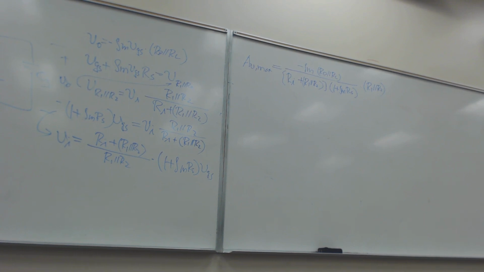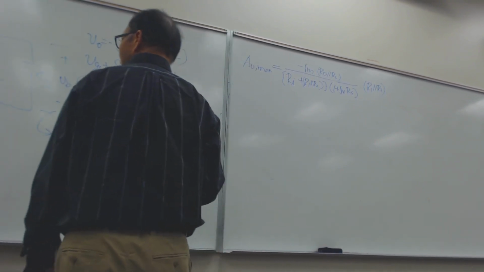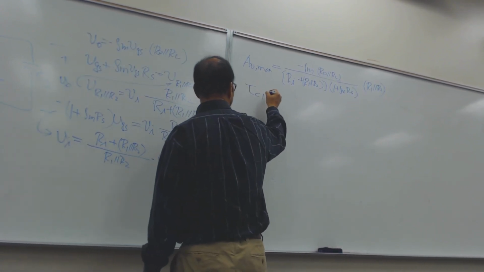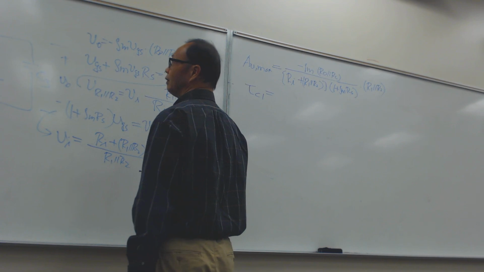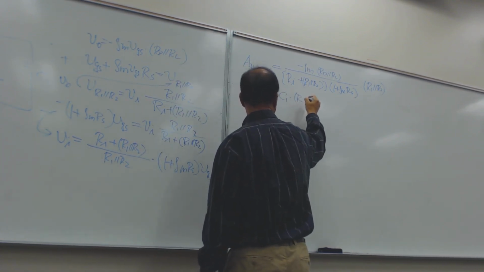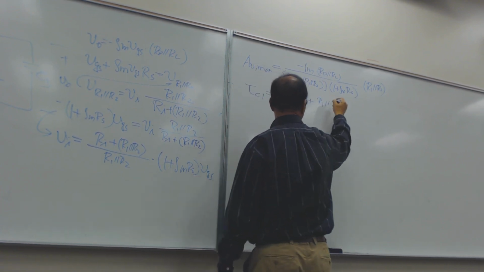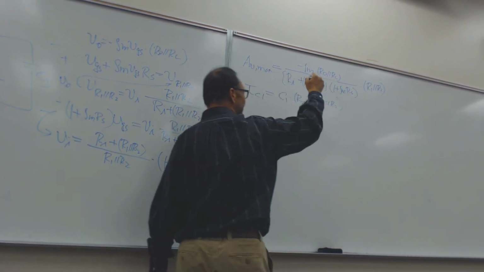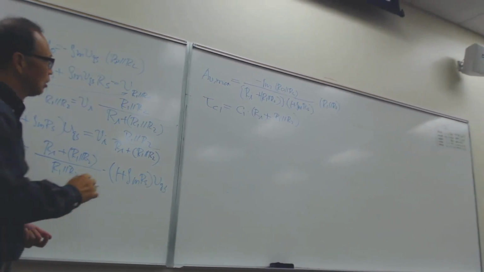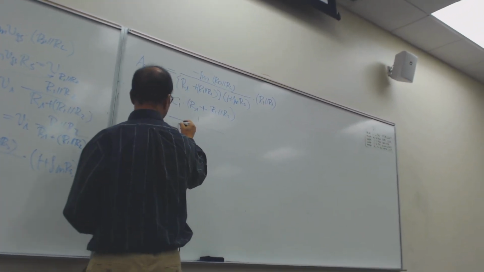So, okay. So now let's go to find the corner frequency, right? Tau C1 should be fairly simple, right? It's what? C1 times R sub I plus R1 times R2. Yes? Correct? So omega C1 is 1 over that.